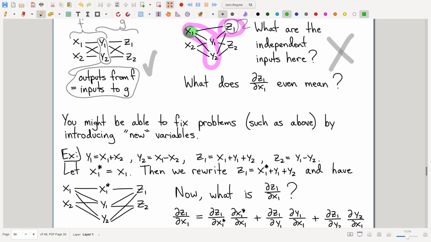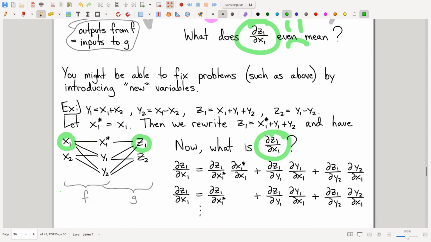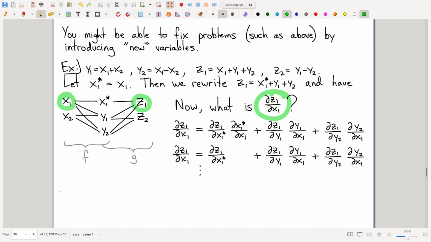Now it becomes a perfectly reasonable question. Partial of z1 with respect to x1, well, there's z1, there's x1, no problem. I'm just going to hold x2 constant, and it's a chain rule problem, no issue. Everybody happy?